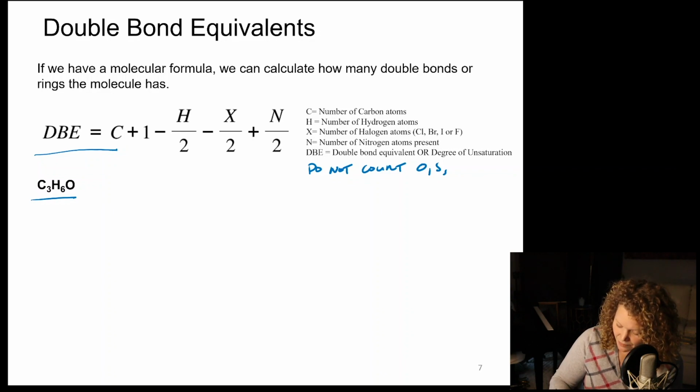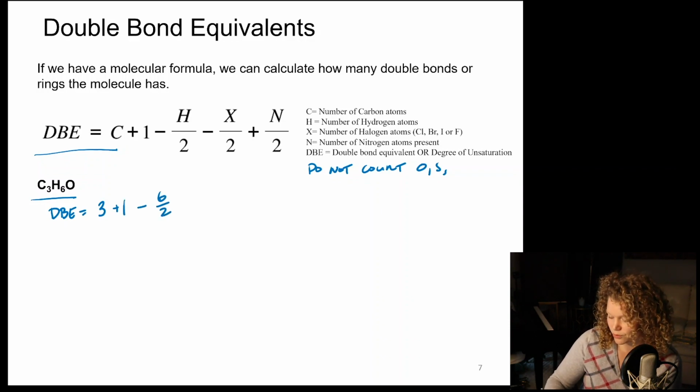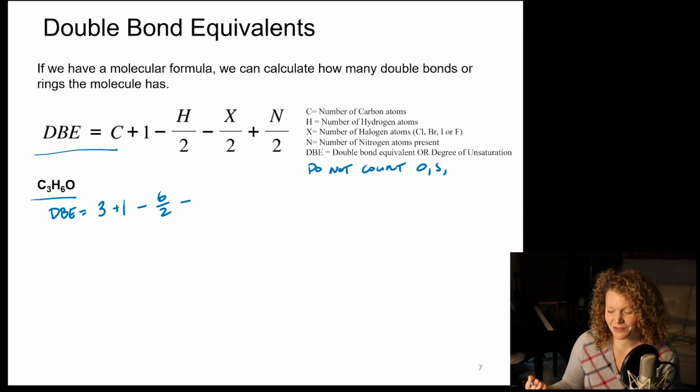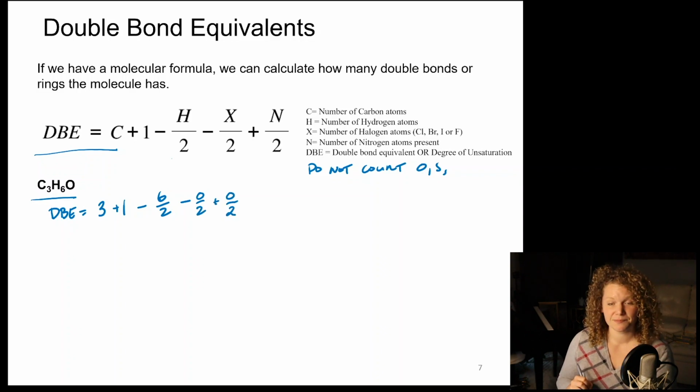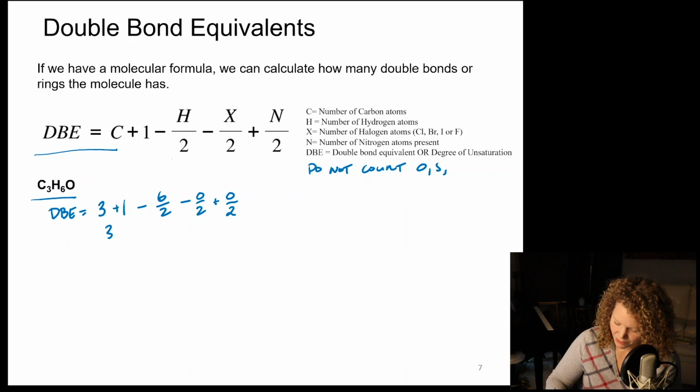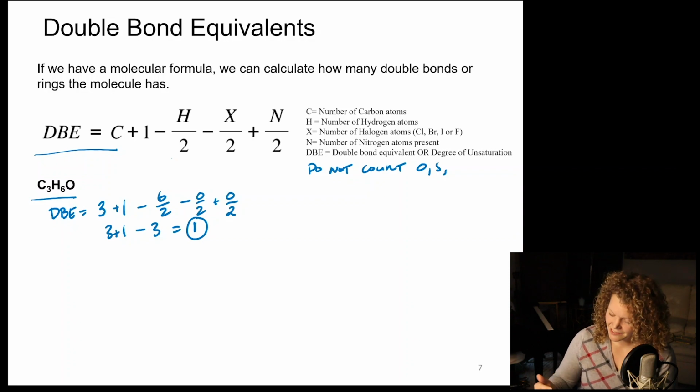We've got the number of carbons, which is 3, plus 1, minus the number of hydrogens over 2, 6 over 2. We don't have any halogens, so this would be 0 over 2. And we also don't have any nitrogens. Okay, so we've got 3 plus 1 minus 3. This will give us a DBE of 1.